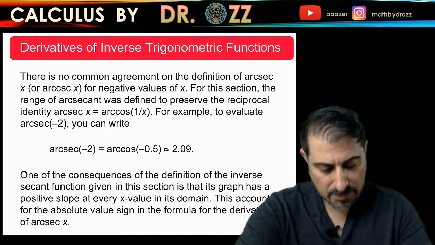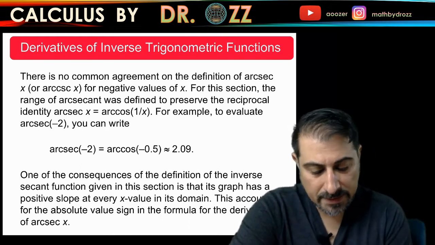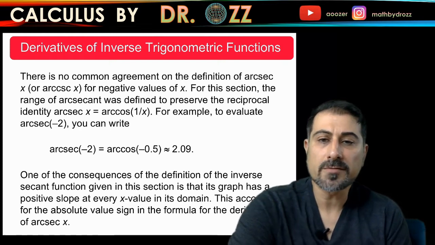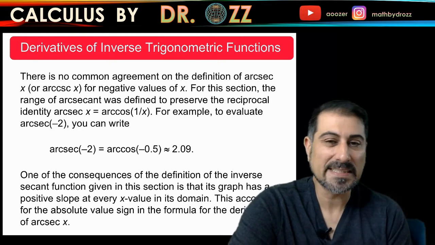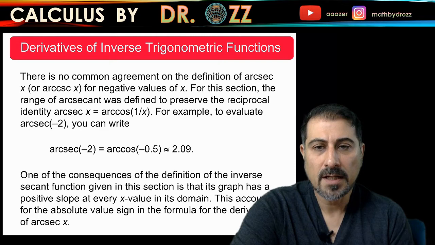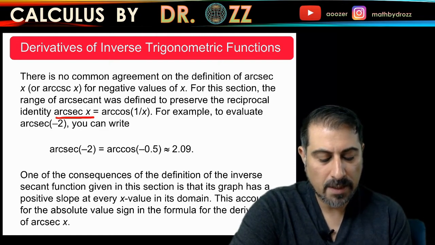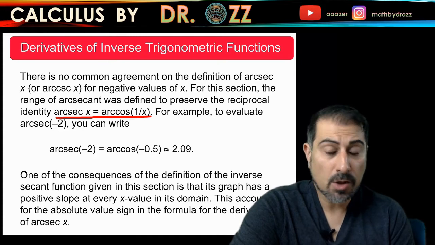So here are a few observations again. First off, there is no common agreement on the definition of arc secant or arc cosecant for negative values of x. And you will see that arc secant x is going to be found by arc cosine of 1 over x.